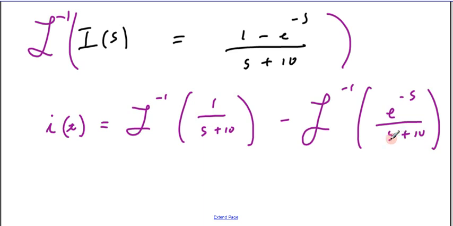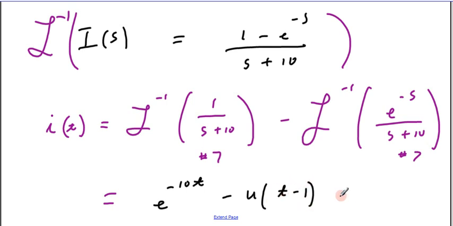Okay, so I think this is number 7. That's partially number 7. And I'm going to have e to the minus 10t minus unit step function t minus 1 e to the minus 10t.